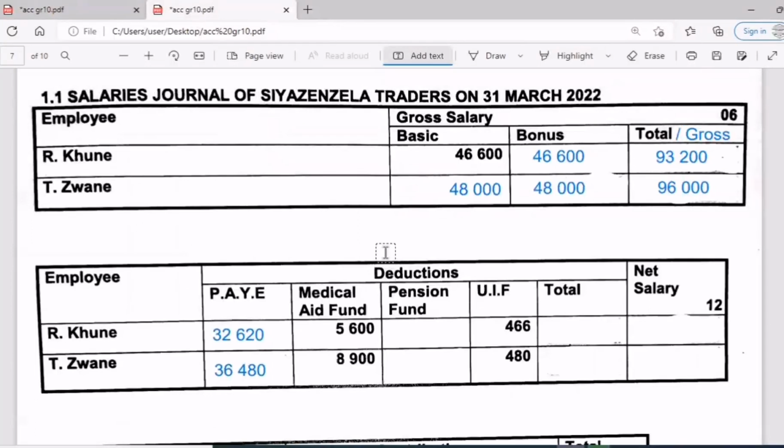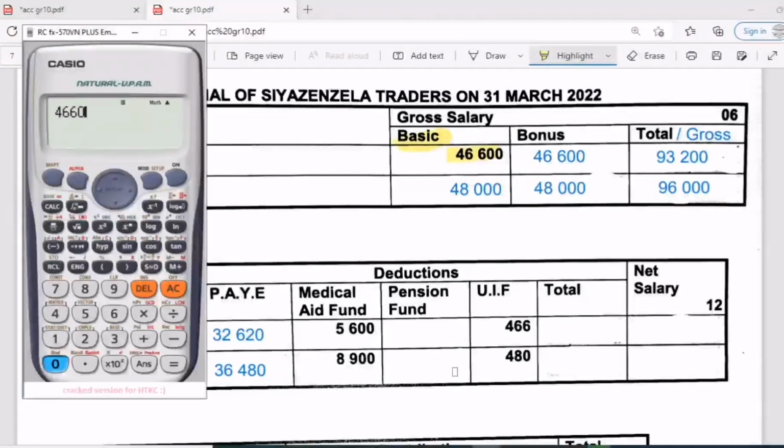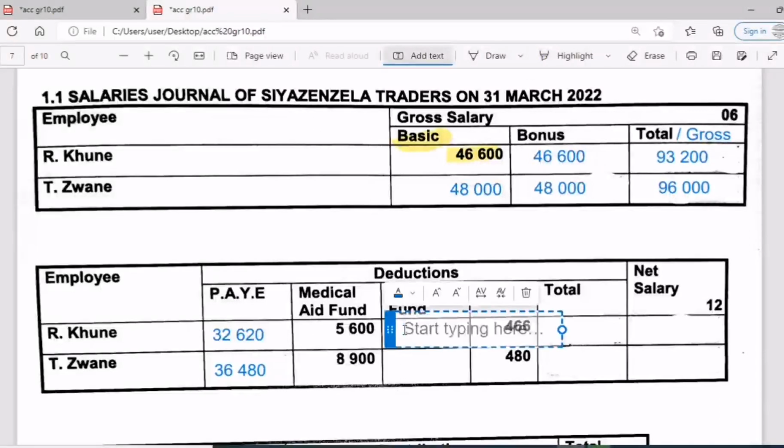Here now you are not using the gross salary, but the basic salary. For Kune, we have 46,600. You multiply by 7.5%, and that gives us 3,495.